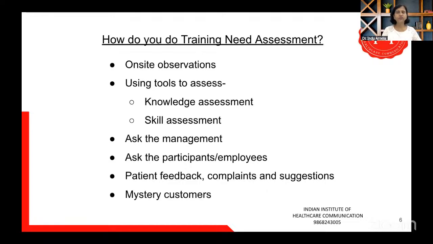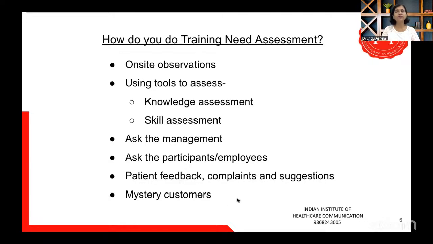And then, of course, there is a trend of using mystery customers to see the quality of the service being provided in different areas, who would go and act as a patient, and they come and give you the feedback to tell you what is the training need in that particular area.